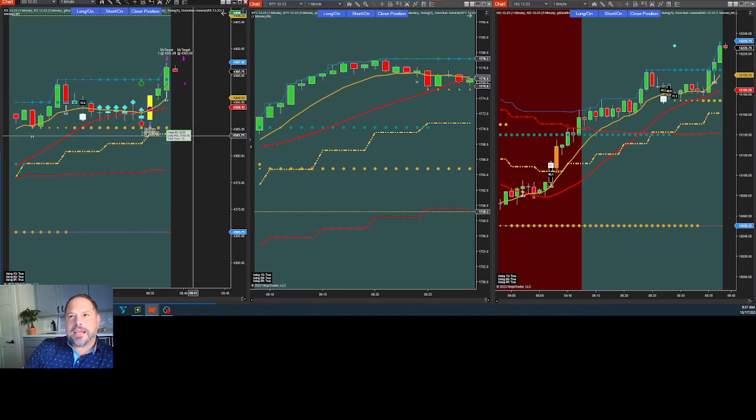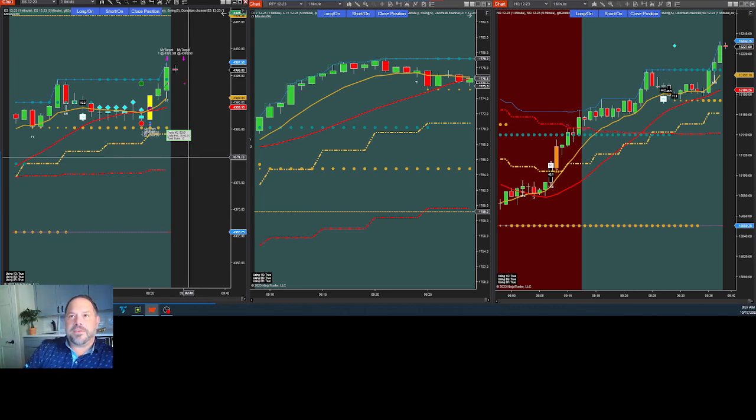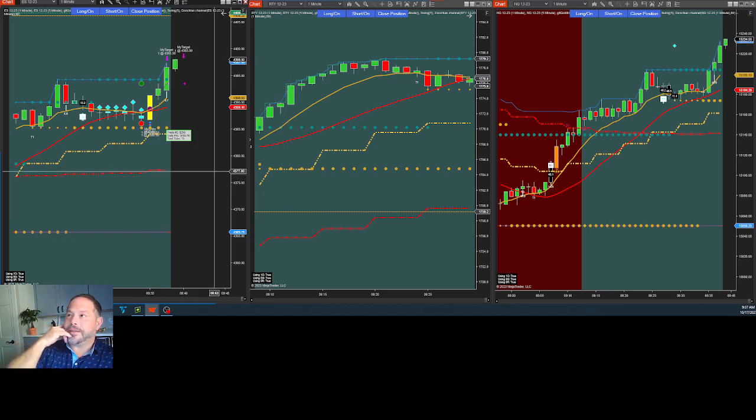So that trade profited $250, which was 5 points on the ES. And that was based off of a 5-minute red line. I hope this is a 5-minute red line. I'm assuming it's not a 1-minute red line. This is the 5-minute red line. And if I'm wrong, I'll correct myself in a video somewhere, but that's what it is.